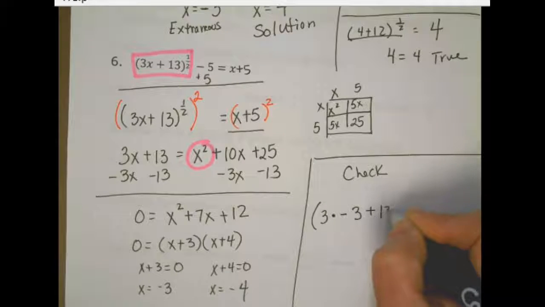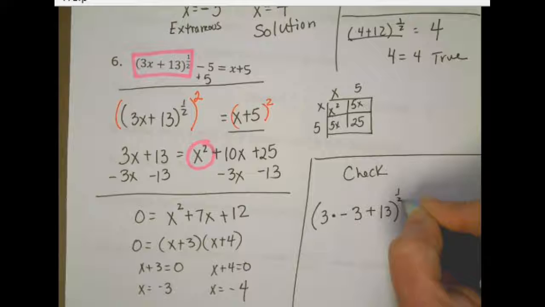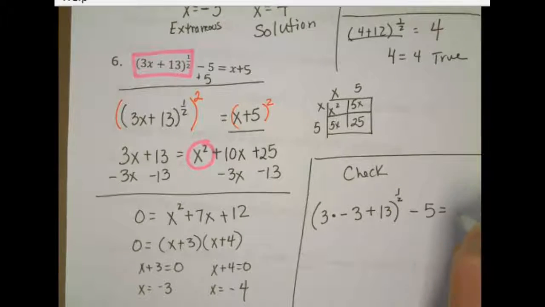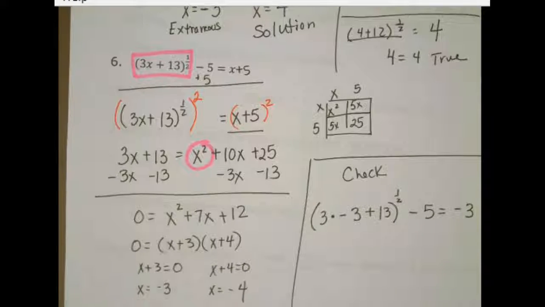Plus 13 raised to the 1/2 power, subtract 5, is that equal to -3? In place of the x on this side and on that side, in place of the x, I put in a -3.